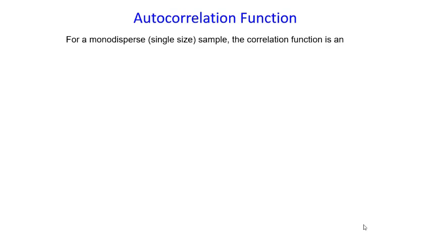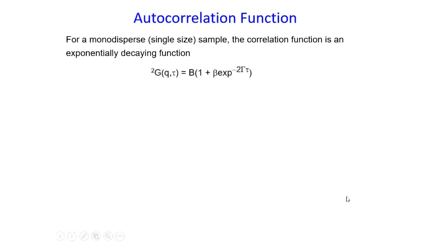Now, if you have a monodispersed sample, that means a sample having a single size, the correlation function will be an exponentially decaying function, which can be given as follows. So now this becomes exponential, as you can see from this exponential term over here.